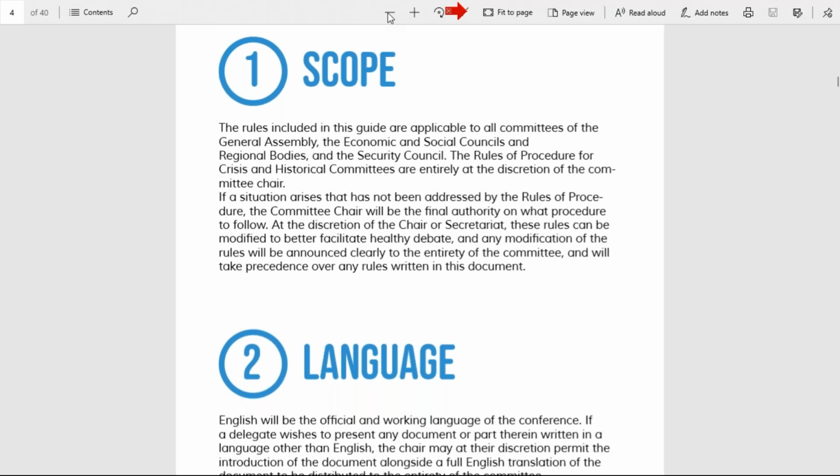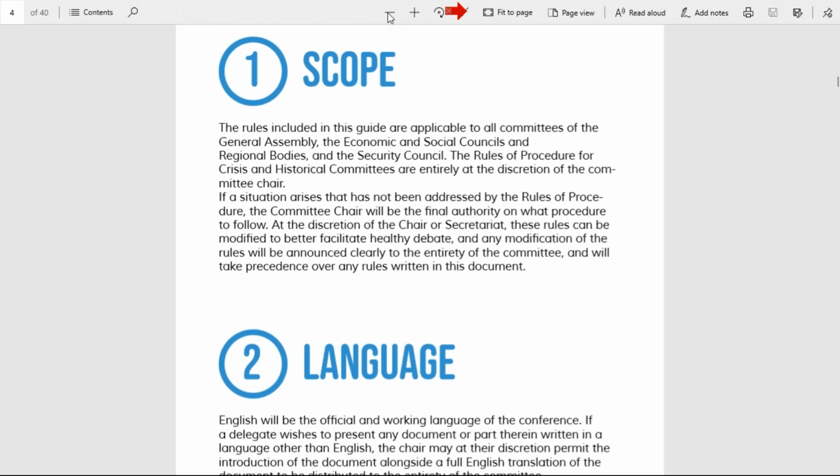We have the United Nations Development Program, which discusses development. We have UNEP, the environmental program. We have DISEC, which discusses disarmament and security. We have SOCHUM, which stands for the Social, Humanitarian and Cultural Committee.